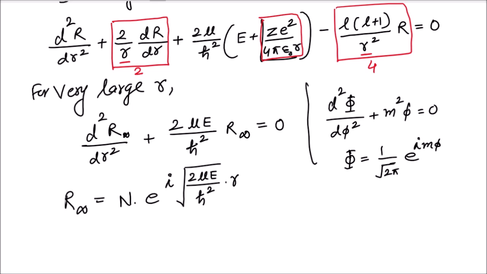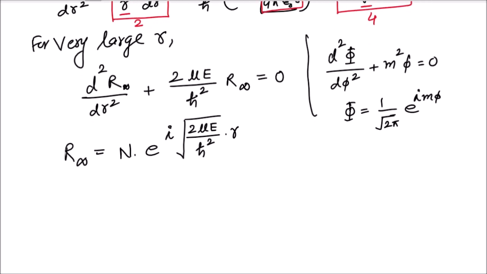Now if we solve it further, this is R infinity. So R nl depends upon, first was m, then l, and now n also comes into the picture.